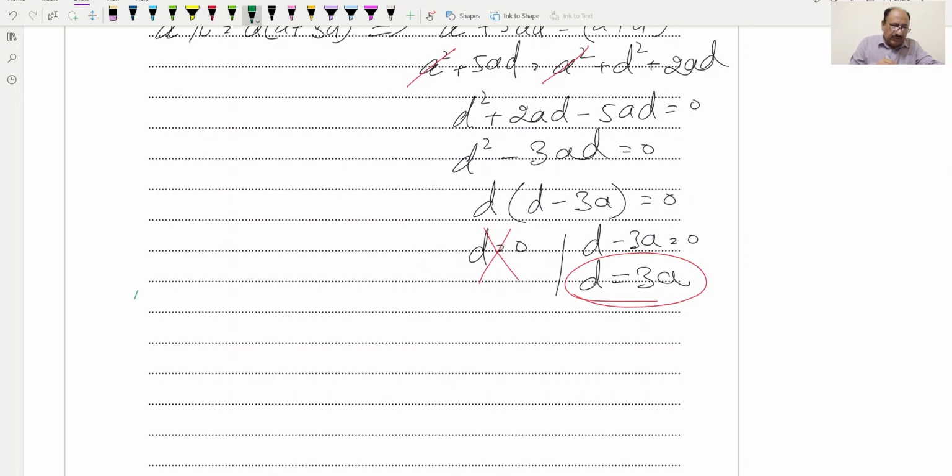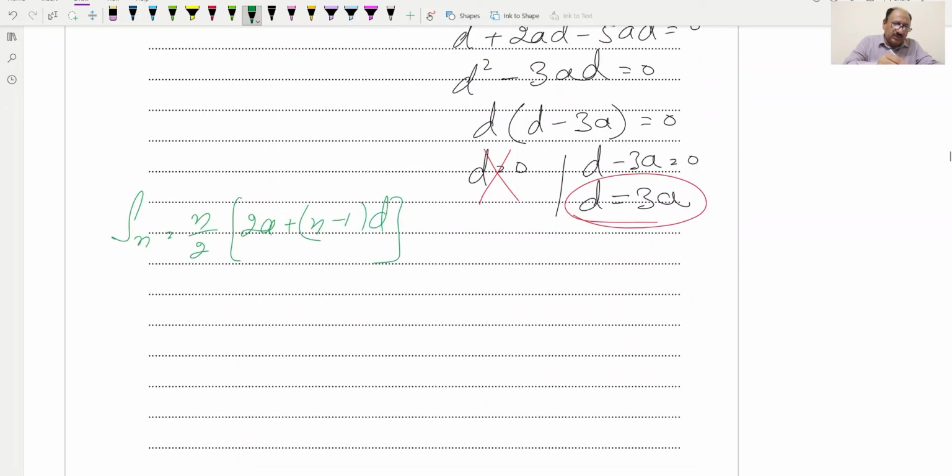So Sn is equal to n by 2 into 2a plus n minus 1 into d. This will be the formula which we will be using, and S20 we require, so we can write S20 is equal to 20 over 2 into 2 into a, plus n minus 1, n is 20, so 20 minus 1 into d, and d is 3a, which we have replaced over here.